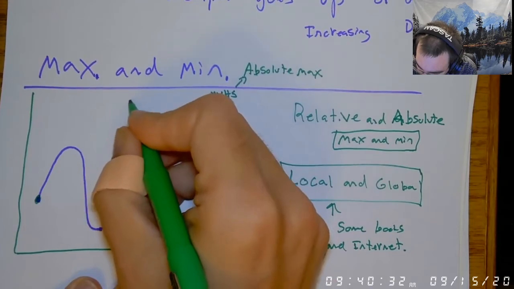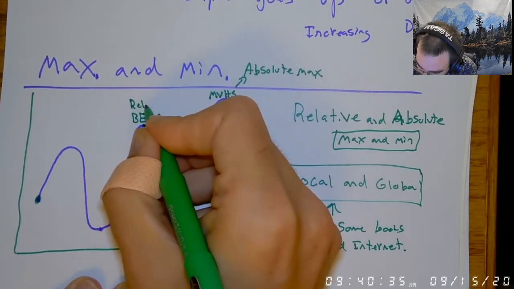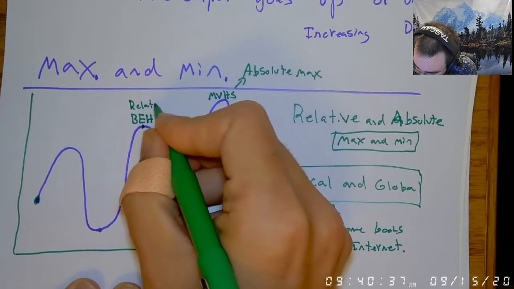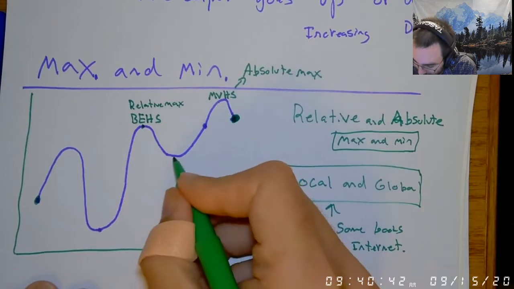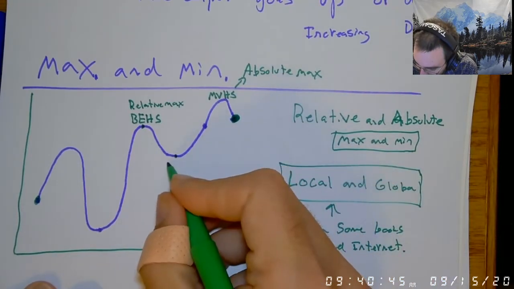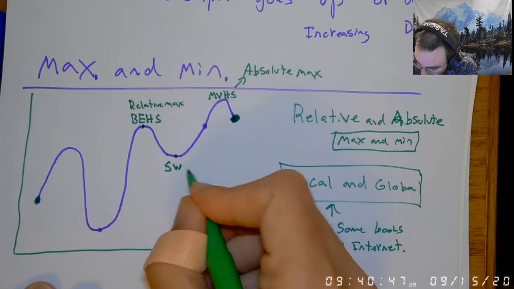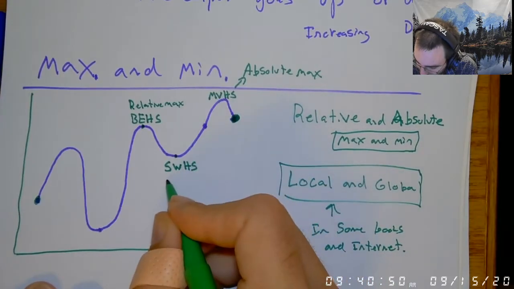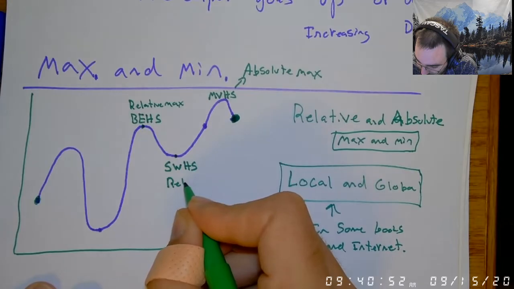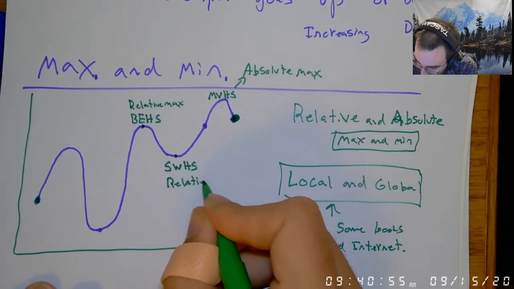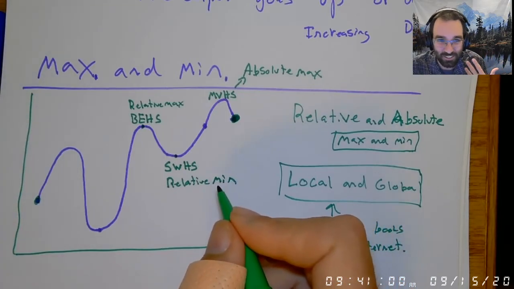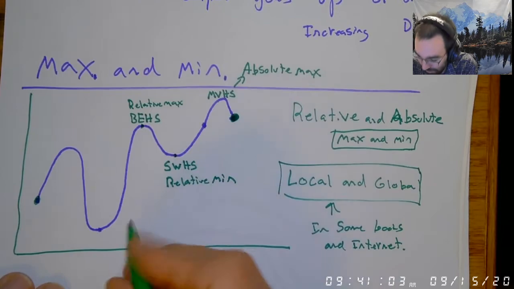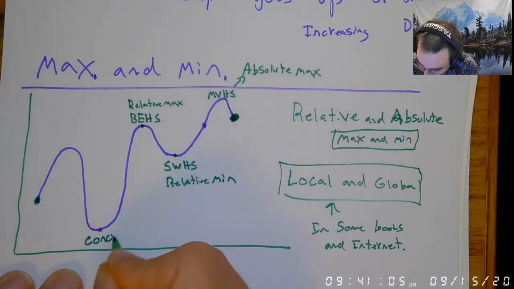We'd call this a relative max, because it's relatively a max. Because here you have Sedro-Woolley, which is a relative minimum. Now, you're like, come on, those guys are a relative min? Well, then you have to forget that over here you have Concrete, which is an absolute minimum.